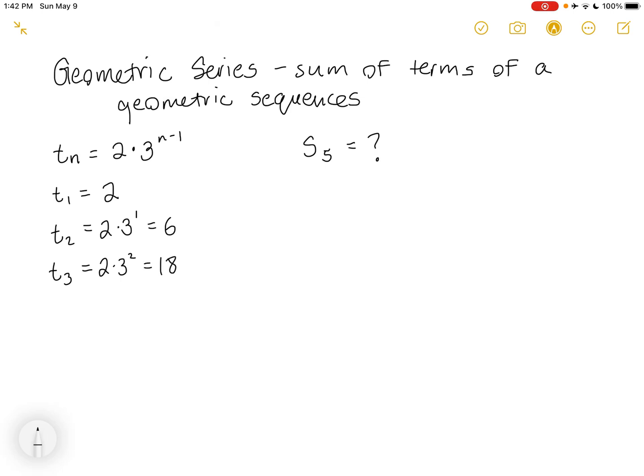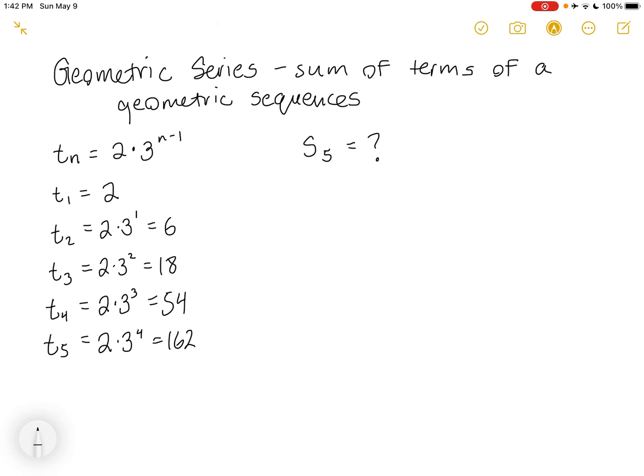And also we're just multiplying the previous term by 3, so we could do it that way if we're going consecutively. T4 is 2 times 3 cubed, so that's 27 times 2 is 54. And T5 is 2 times 3 to the 4. 3 to the 4 is 81 times 2 is 162.